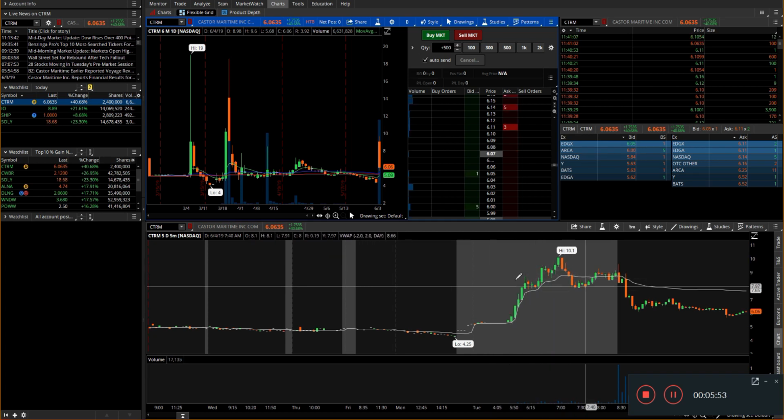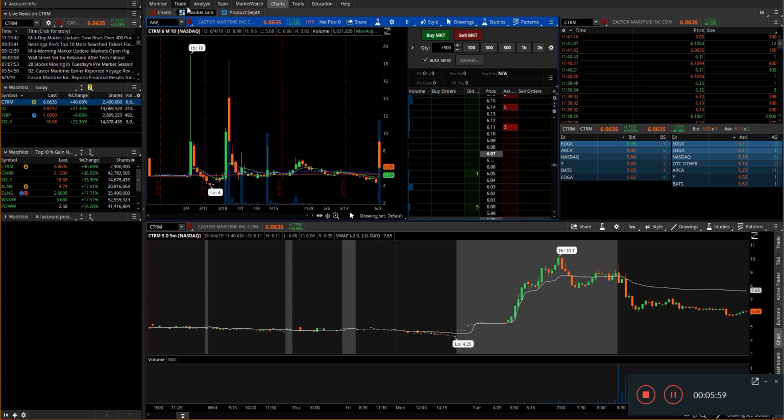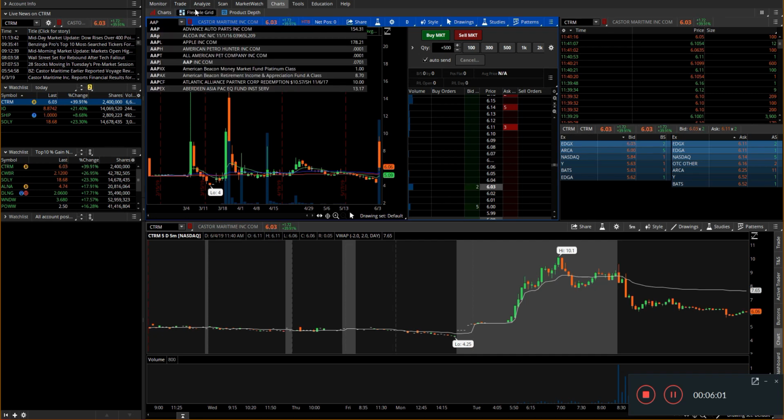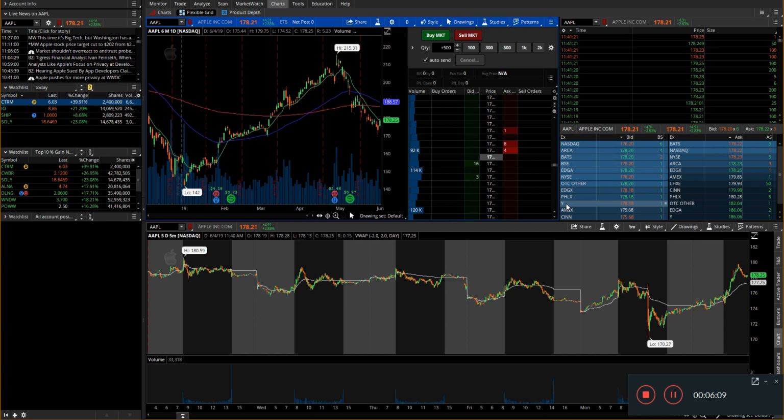Whereas if you were to buy a stock like Apple, it's $178 a share right now, and you only have $1,000. I mean, you can only buy 5 shares.